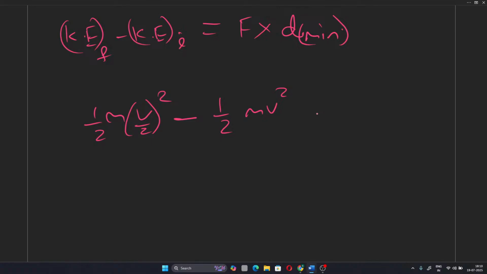And force, according to Coulomb's law, is k e times e, which is e square by d minimum. But then d minimum should get cancelled, but that should not be the case.